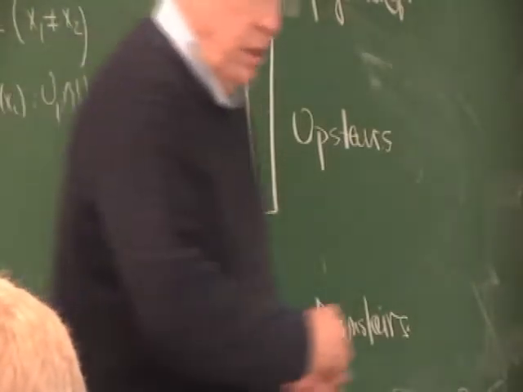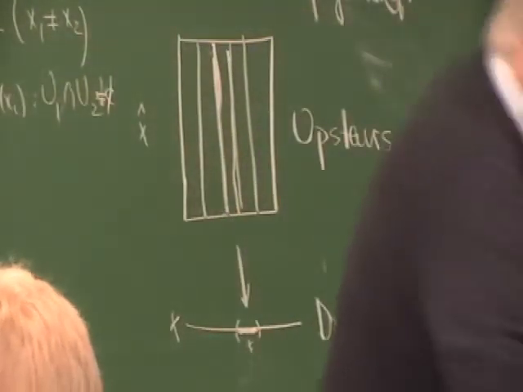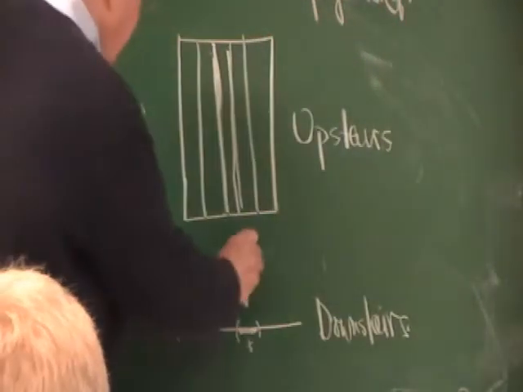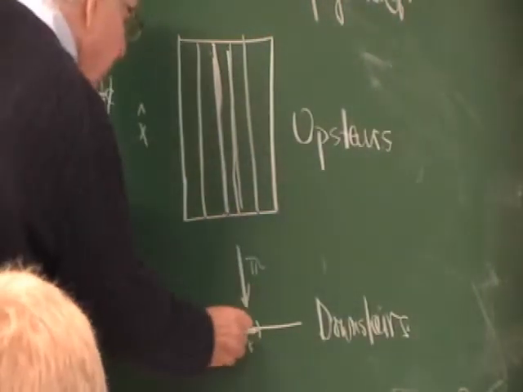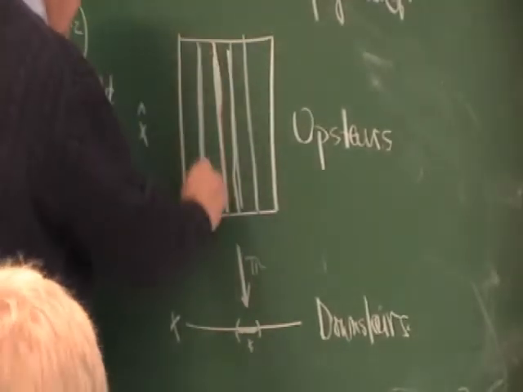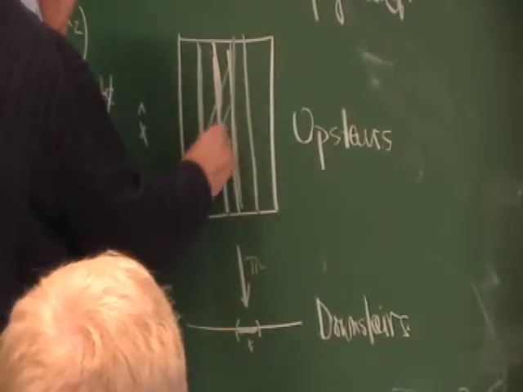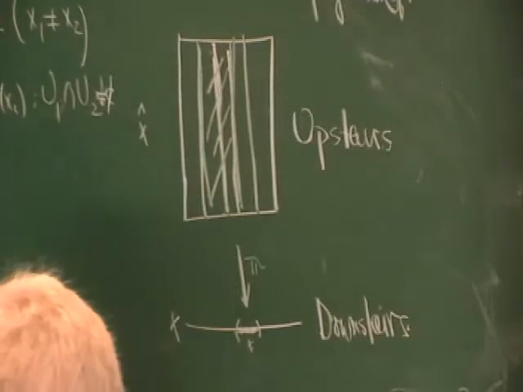So let's draw it in color so you understand it. If you have a mapping here, pi, I don't care what it is, a neighborhood is by definition an open neighborhood here.